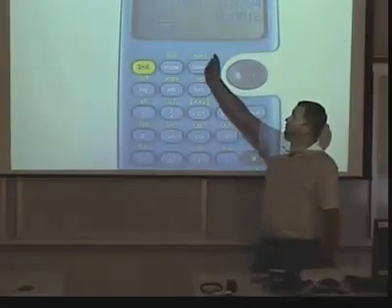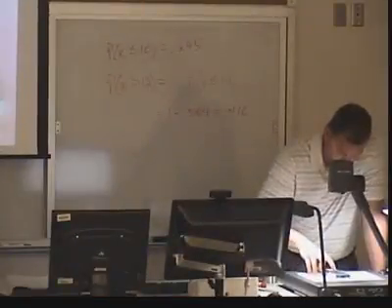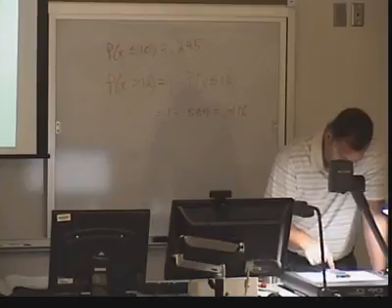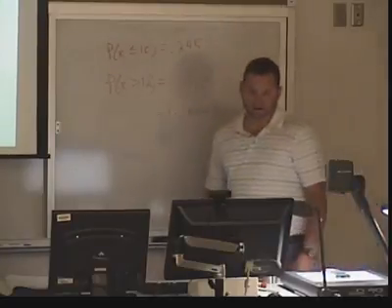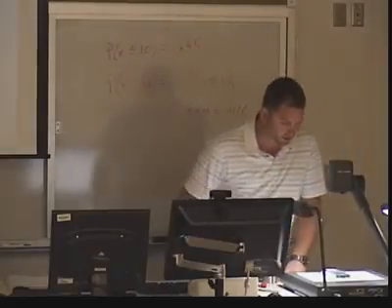So I want to delete answer and type in 2.8784. So second square root, 2.8784. And then it says round to 3 decimal places, which is what?